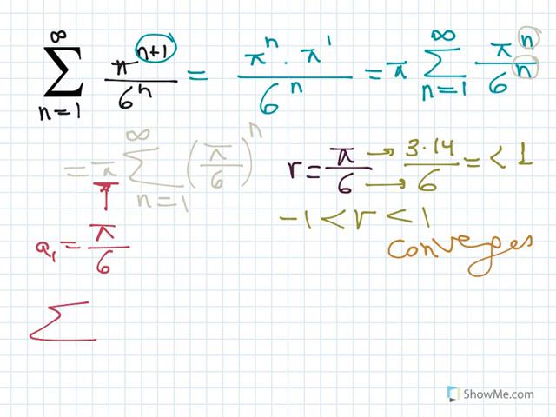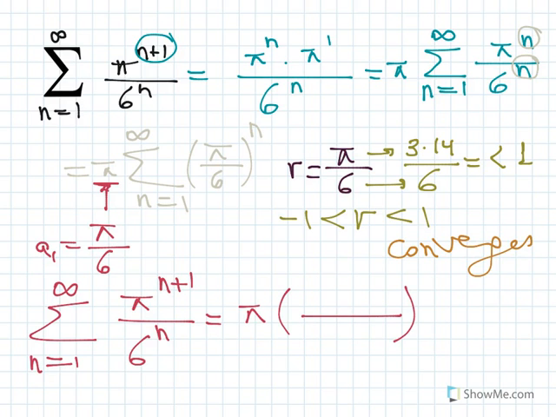So the sum from n equals 1 to infinity of pi to the n plus 1 over 6 to the n will be pi times a1, which is pi over 6, over 1 minus r, which is pi over 6.